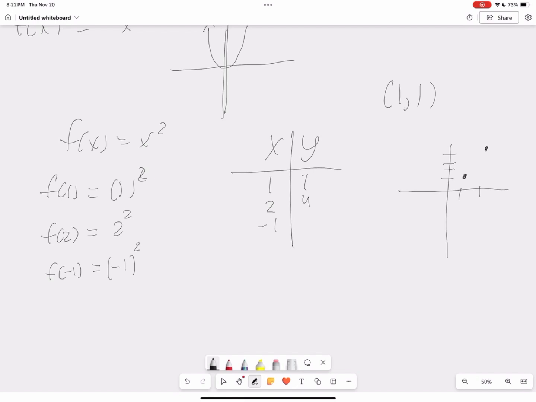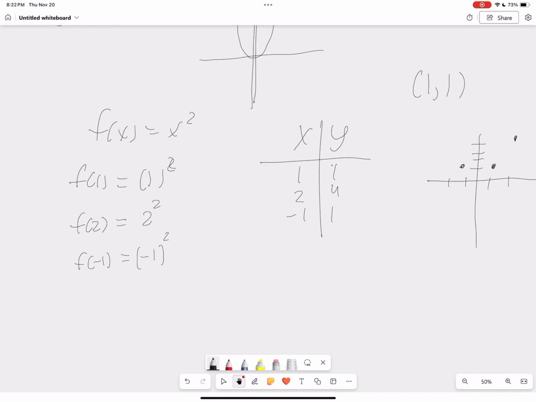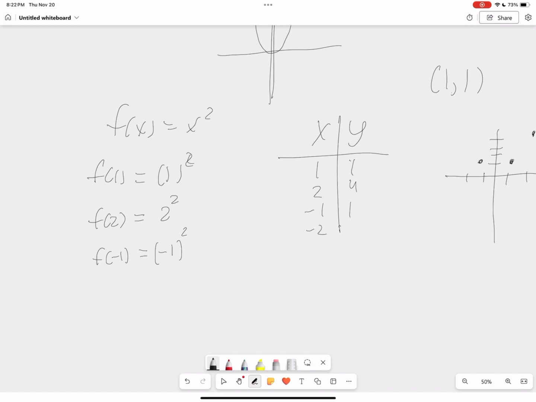So that means we get a 1. Let's try a negative 2 this time. Okay? f of negative 2 equals negative 2 squared.